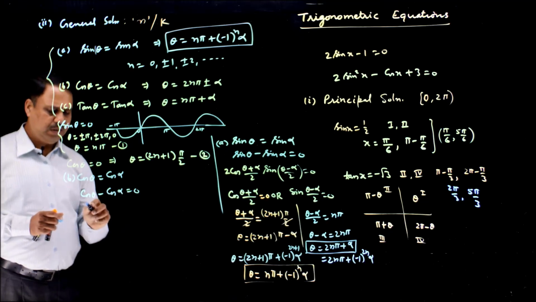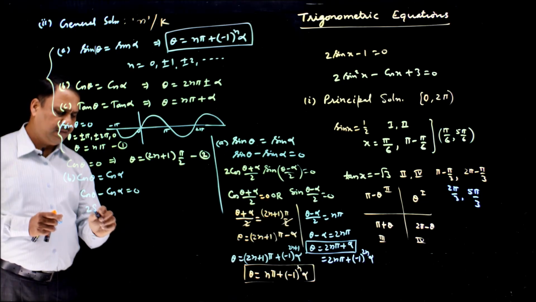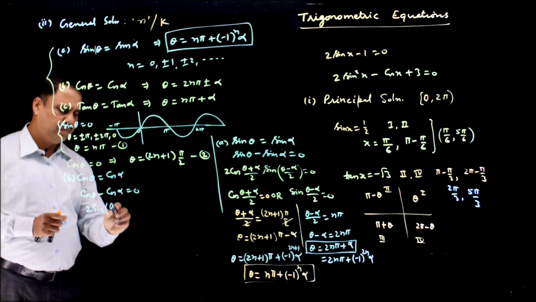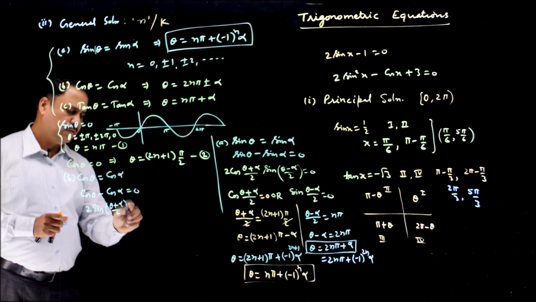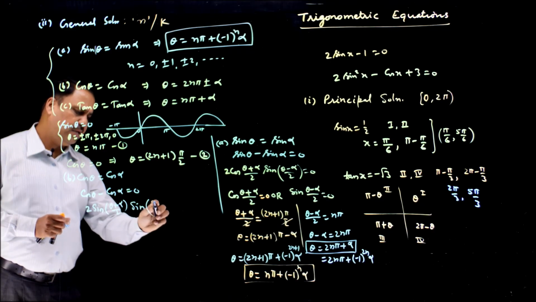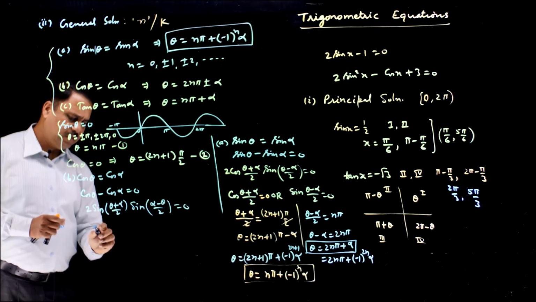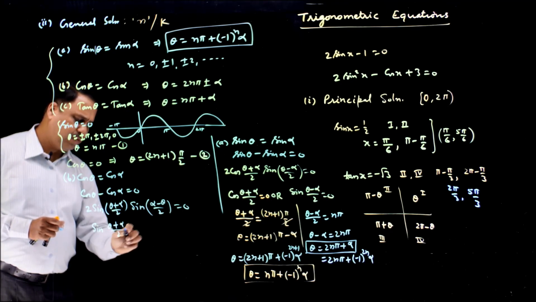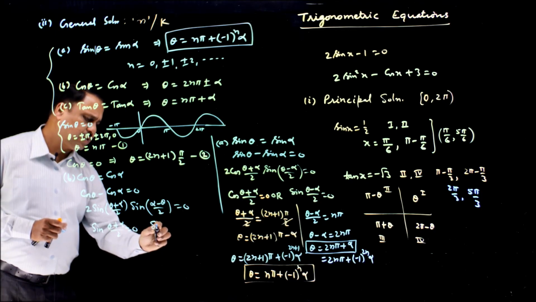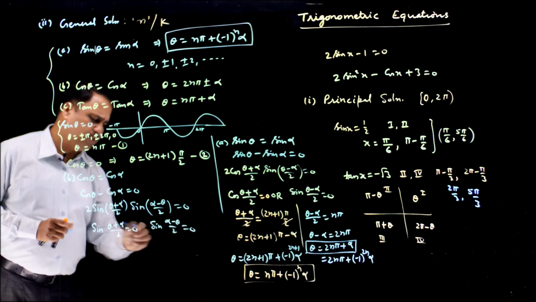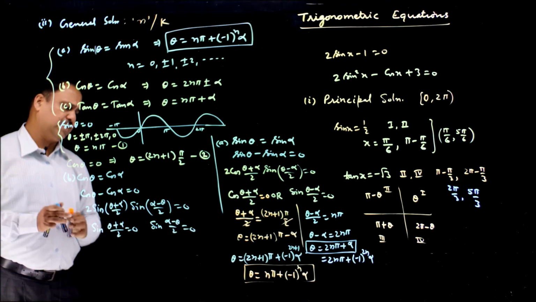Cos c minus cos d is 2 sin (c plus d) by 2 into sin (d minus c) by 2 is equal to 0. So this gives either sin (theta plus alpha) upon 2 is equal to 0 or sin (alpha minus theta) upon 2 is equal to 0. Either this or this.